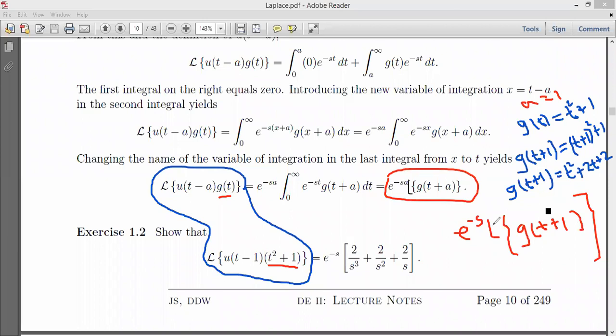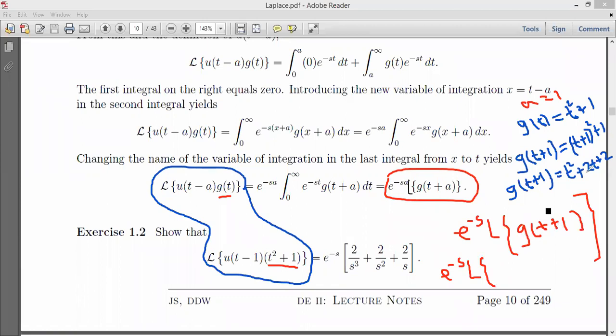So now, where you have e to the minus s, the Laplace of G of t plus 1, remember it was t plus a, but a was 1. I can now rewrite this. That whole thing in red becomes e to the minus s, and I am computing the Laplace of what?